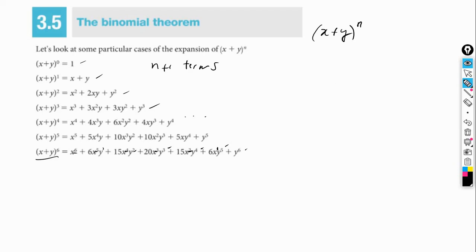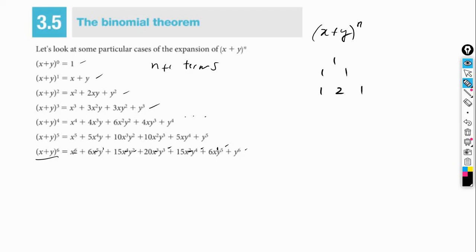The other aspect to consider here is the coefficients of the terms. Notice that they are symmetric and they follow a pattern. For x plus y to the 0, it starts with 1. With x plus y to the 1, the coefficients are 1 and 1. For x plus y squared, they are 1, 2, and 1.